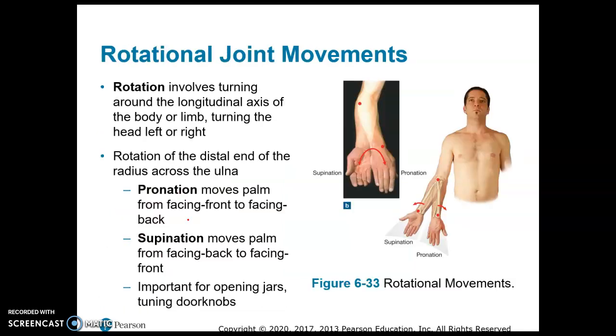Rotation is when you turn around the longitudinal axis of the limb. So turning your head left or right, like shaking it yes and shaking it no, is rotation. And then pronation is when you put your palm down, and supination is when you move your palm up.